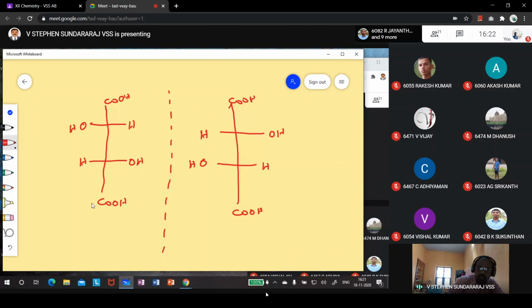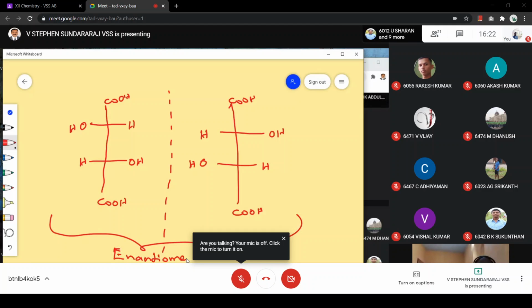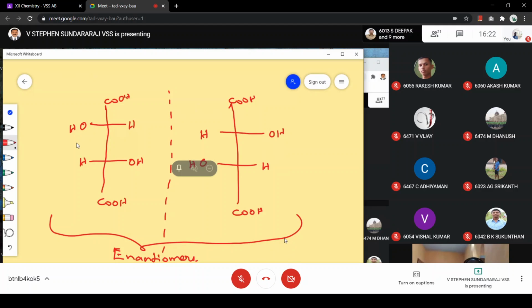Now what are these two? These two are enantiomers. There is no plane of symmetry. You imagine any plane, there is no plane of symmetry. So these two are enantiomers, optically active. One will be plus 60, another one will be minus 60, opposite rotation.